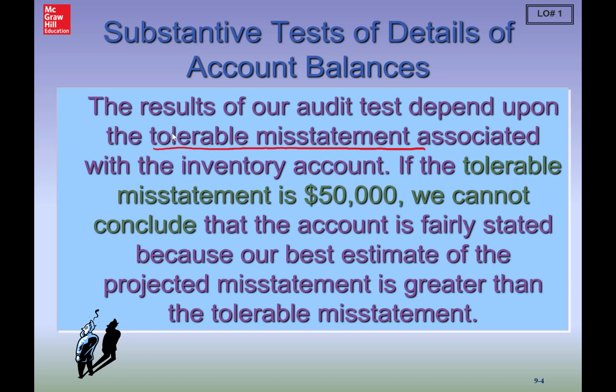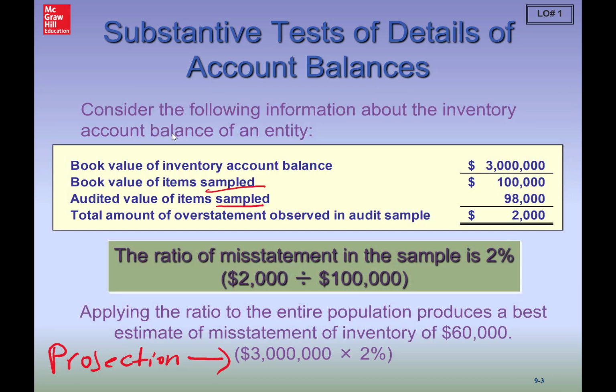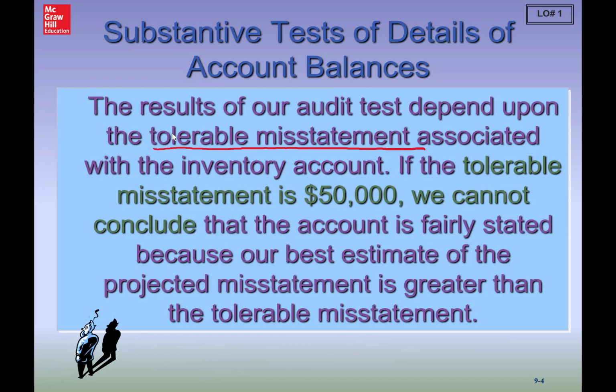We're going to deal with dollar unit sampling, because it tends to be what most entities would use these days instead of the classical variables. But again, the idea is projected misstatement versus tolerable misstatement. And obviously, if our projected misstatement exceeds tolerable misstatement, we would expect to get adjusted statements for that.